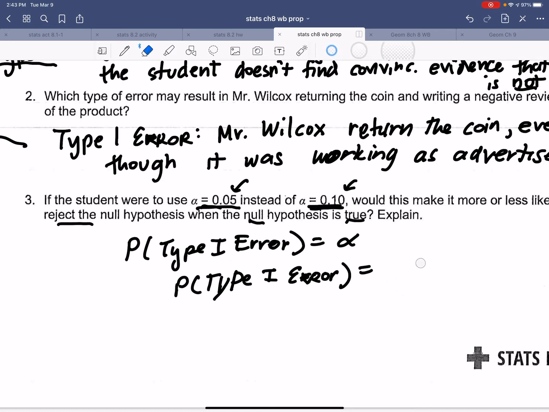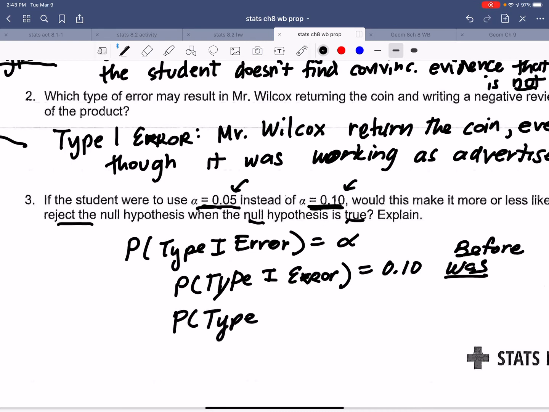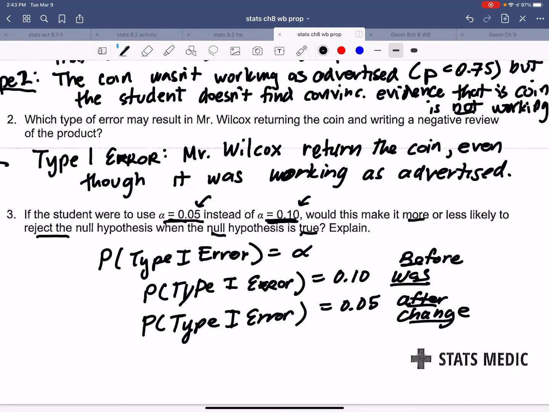If we change it, if we use this instead of that, so this is your before you changed it. After you changed it, your probability of a type 1 error is now only 5% of the time. So after the change, would this make it more or less likely to reject the null hypothesis?